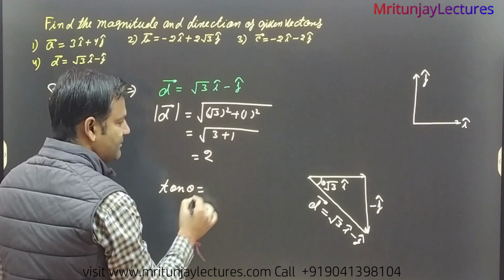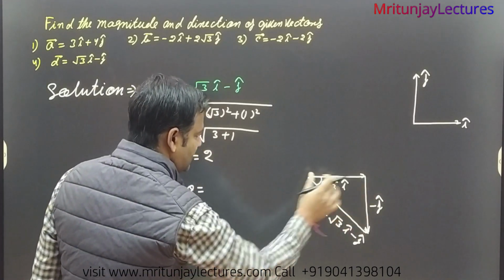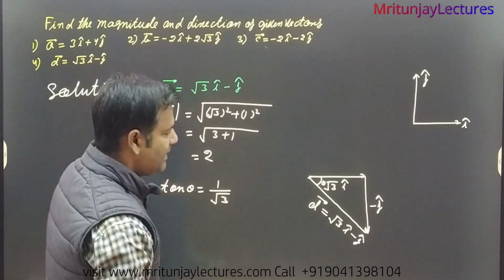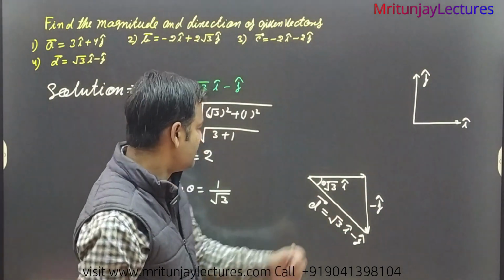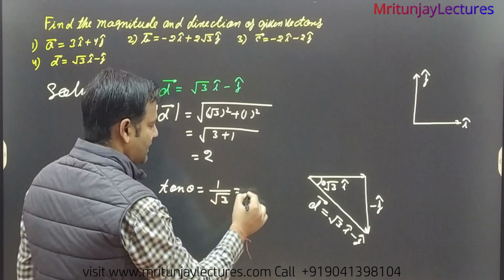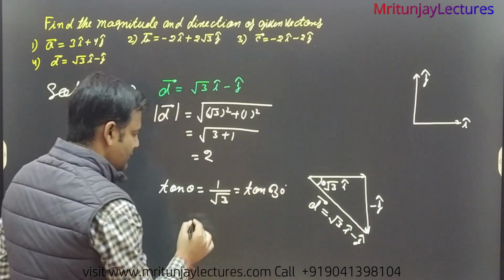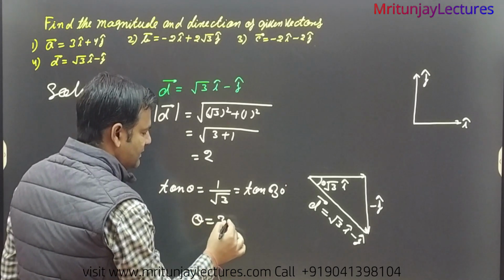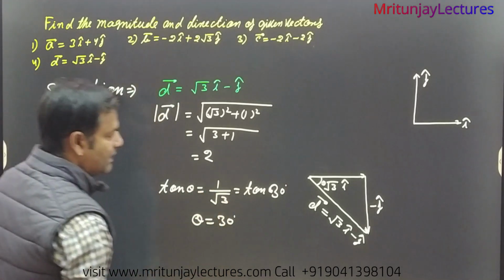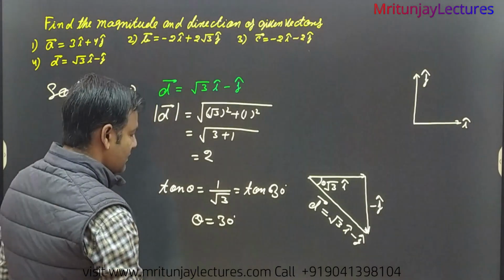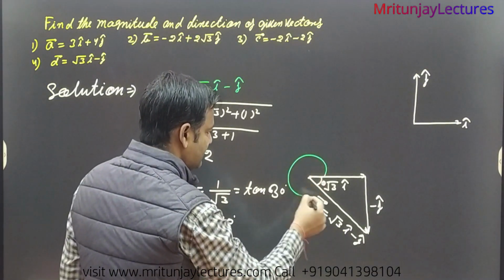So the magnitude is 2. And what about theta? tan theta is that side upon that side, 1 divided by root 3. And that angle is tan 30, so you can say that theta is 30 degrees. But our motto is to determine the angle in the anticlockwise direction.